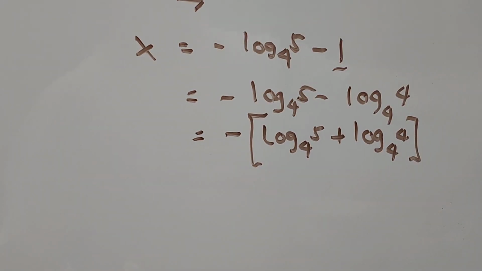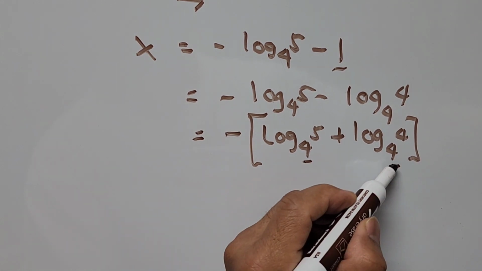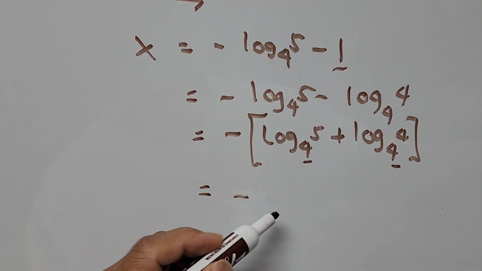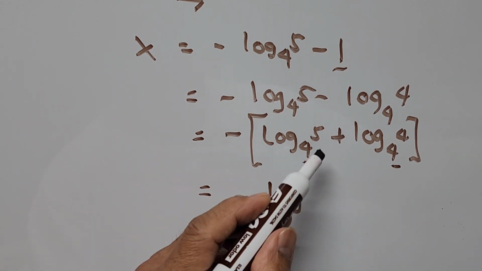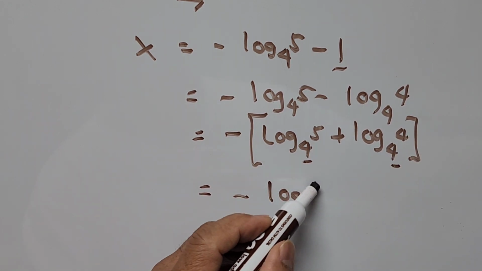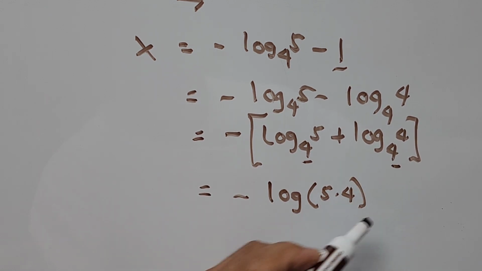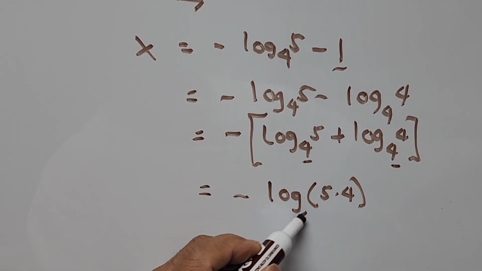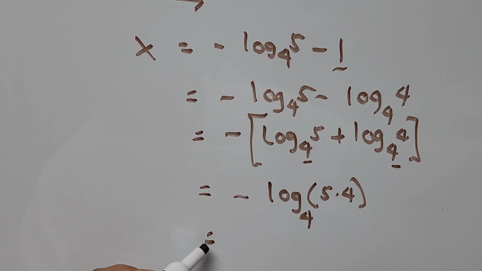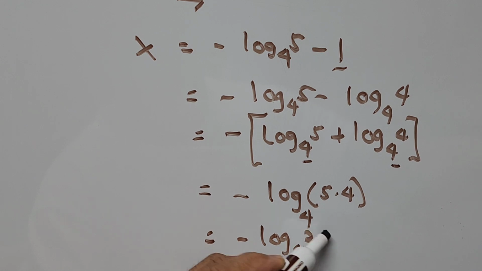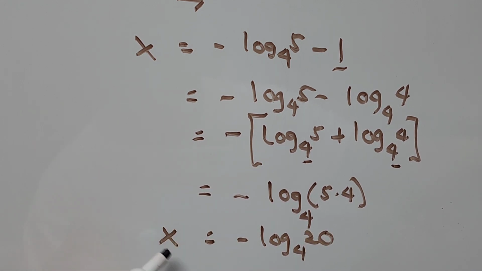If you notice, they have the same base 4, so we use the product rule of logarithms. This is negative log of 5 times 4, that's log of 20 base 4, or negative log base 4 of 20. That's the other value of x.